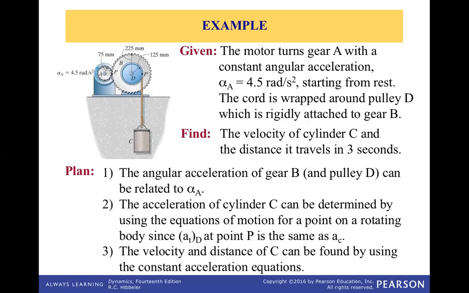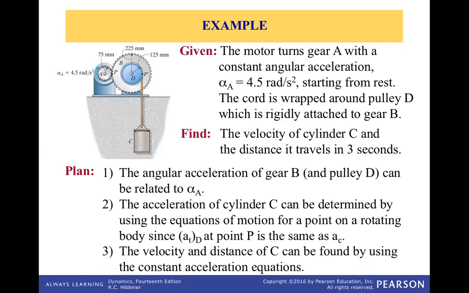So the plan to tackle this problem has been listed here. So you want to relate the oscillation of B to gear A, because alpha A is given. So then you can figure out alpha B first, okay? Once you have alpha B, then the disc D, pulley D, should share the same alpha as B, okay, the gear B. So then once you have that, you can solve the problem.